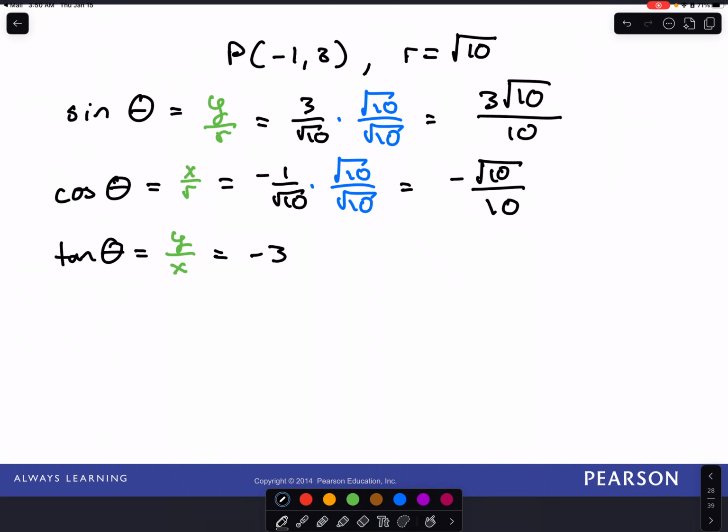So the reciprocal of sine is what? Cosine? Nope. Reciprocal of sine is cosecant. That's going to be our R over Y. Root 10 over 3.